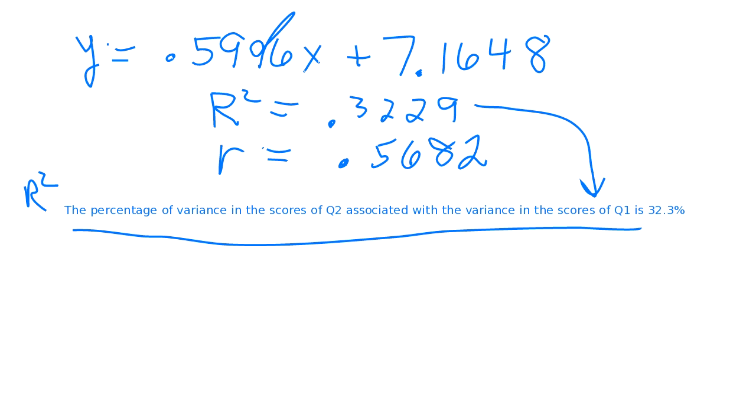Another way to say this is, let me just type it. Only 32.3% of the variance in quiz 1 is shared with quiz 2. So basically, quiz 1 and quiz 2 don't really have too much to do with one another. That's what r squared means.